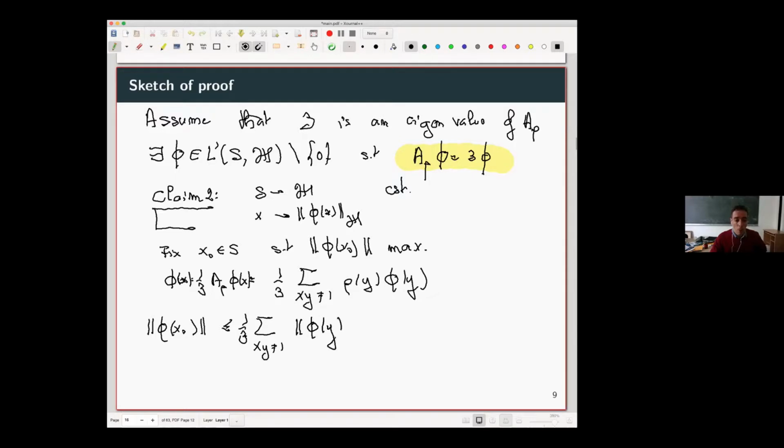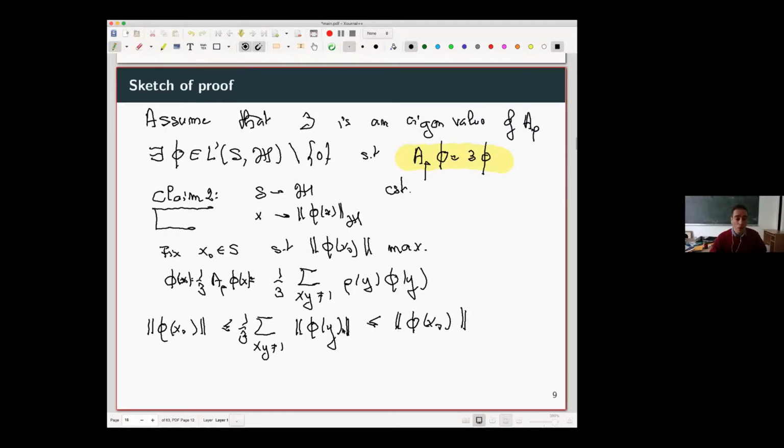But the norm of phi y is at most the norm of phi at x naught, because I chose x naught to have the maximal norm. So this is always smaller also than the norm of phi of x naught. And you have a sequence of inequalities where the extreme terms are the same. So you have equality everywhere.